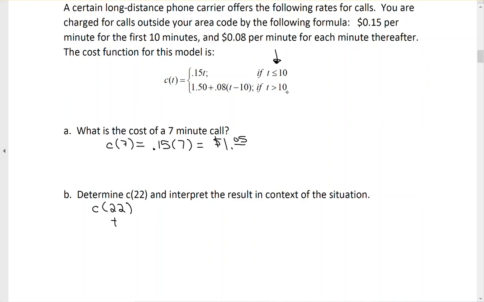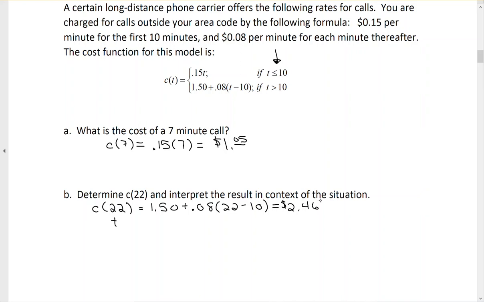And 22 is bigger than 10, so I'm going with the bottom piece here. So 150 plus 0.08 times 22 minus 10. And then again, just compute that out right with your calculator, and I came up with $2.46. So that's C of 22.